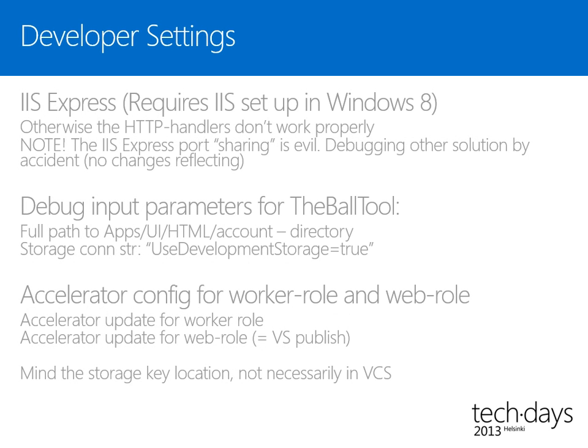A few words on developer settings. We require IIS, that is Internet Information Services, or IIS Express. Basically, to get IIS Express in Visual Studio, it requires the real IIS to be set up in Windows 8. Otherwise, the HTTP handlers don't work properly. Also worth noting that IIS Express port sharing is evil.